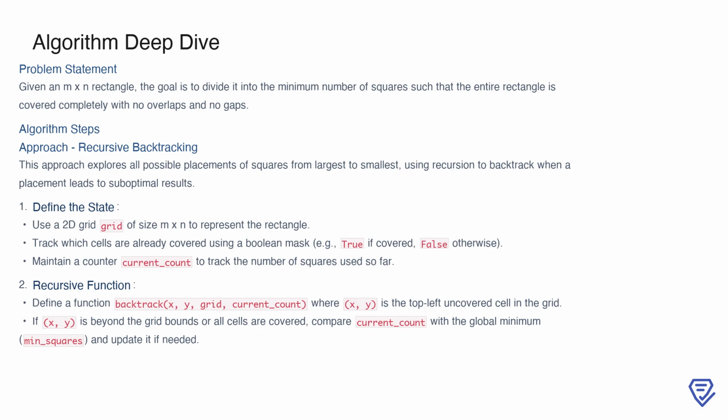We represent the rectangle as a 2D grid, where each cell is either covered or uncovered, tracked using a Boolean mask. We also maintain a counter, current_count, to keep track of how many squares have been placed so far. The main idea is to use a recursive function to explore all configurations, starting with the top left uncovered cell and trying to place squares of different sizes, backtracking whenever a placement leads to an inefficient solution.